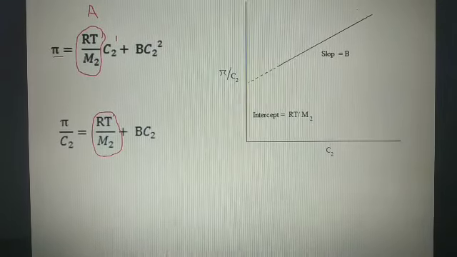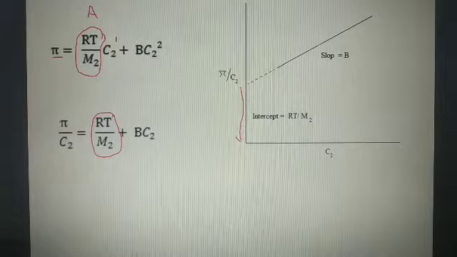The concentration cannot be taken down to zero, but we can plot it down to a particular lower concentration. Then that straight line is extrapolated here. The slope of the line is given as B because the equation is y equal to mx plus c. This becomes the intercept. Which one? This from here to here, that is the intercept.